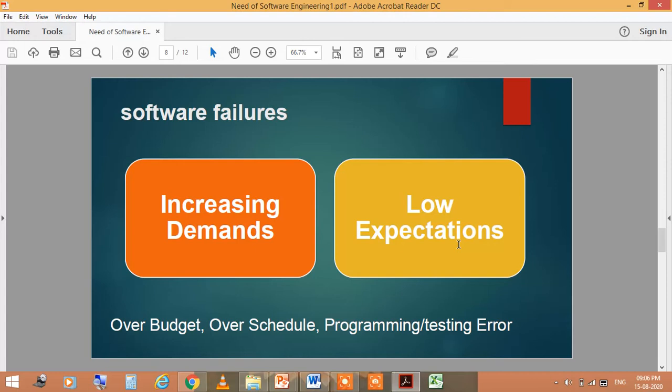Sometimes the application closes, or you have seen the system hanging problem, because you increase the demands, so there is a problem of system failure, software failure. Then the next is the low expectations.